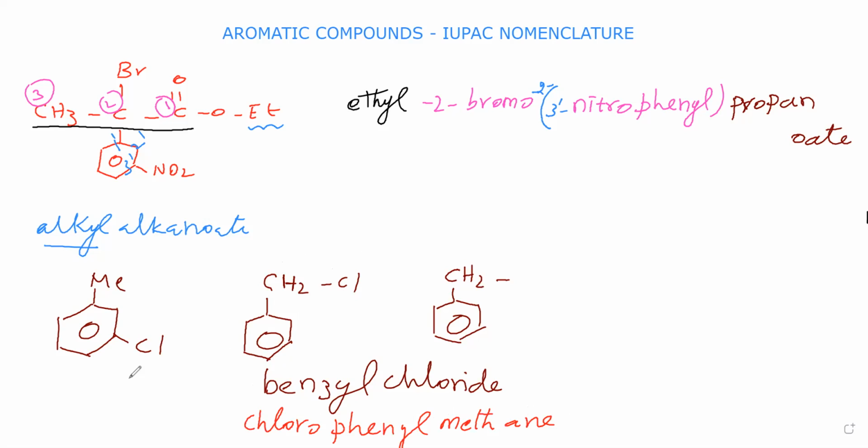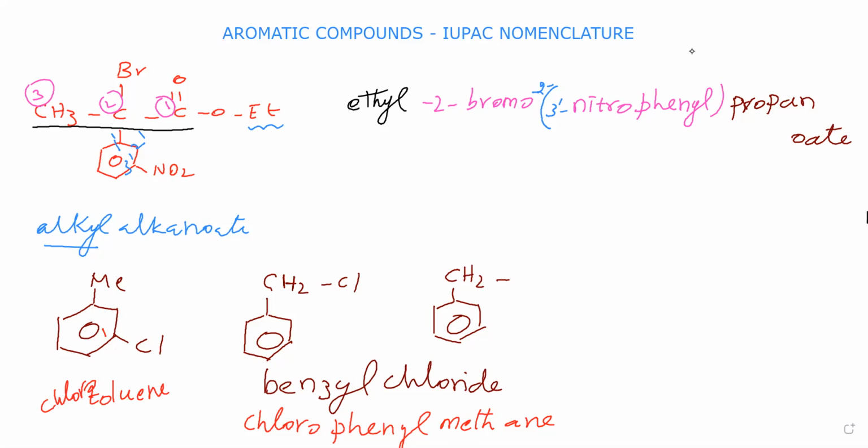Okay. What is the name of this one? You got it? This C6H5 with the CH3, this part we will say as toluene. This we will say as chloro. Now we have to say the position of chlorine. It is chlorotoluene, we said. Position of chlorine, shall we say 1-chlorotoluene?